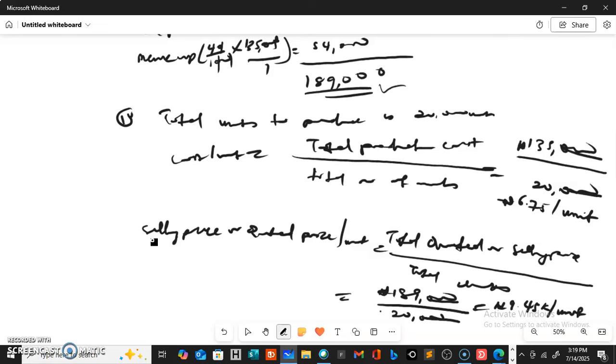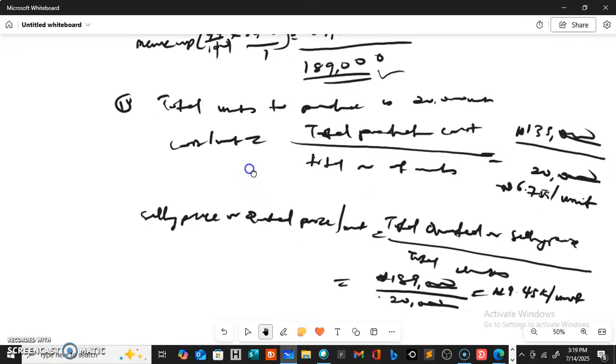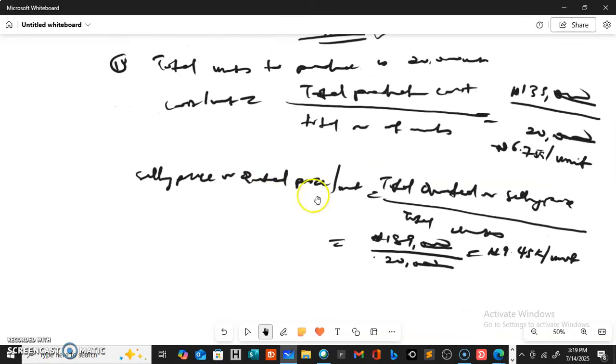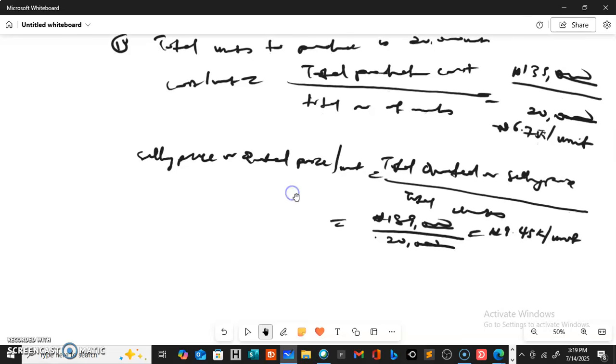So at the end of the day, we have 9 naira 45 kobo and 6 naira 75 kobo per unit. Another question can come up and say that we should calculate the profit per unit. Profit per unit is equal to what? 9 naira 45 kobo, which is the selling price, minus 6 naira 75 kobo.